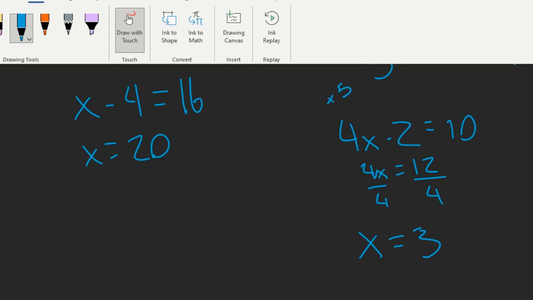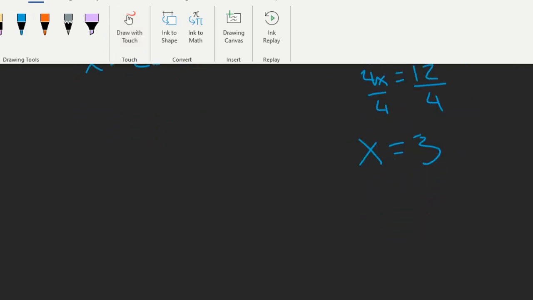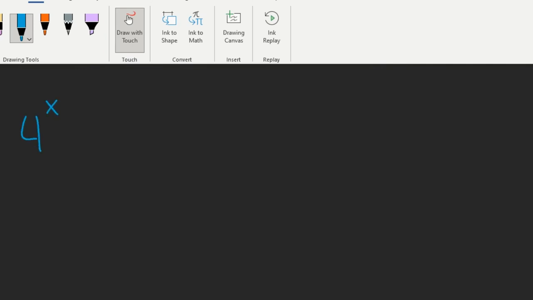Okay, a couple more problems to work through. We're going to have 4 to the power of x, so this is going to be an exponential problem, plus 13 minus 13 is going to equal 25.